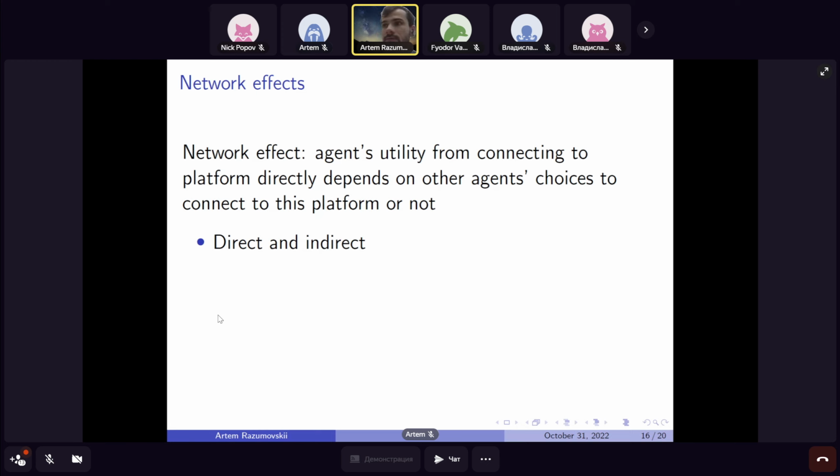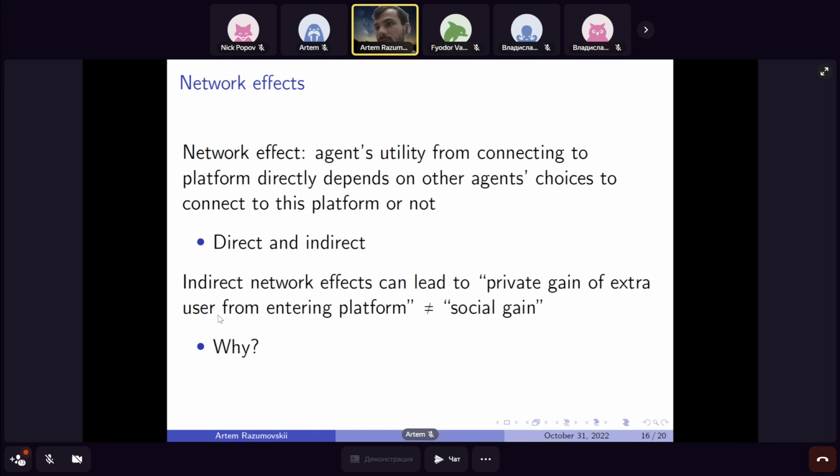So there could be direct and indirect network effects. What are direct and indirect? The direct effect is on your own side, and the indirect effect is the effect on the other side of the market.